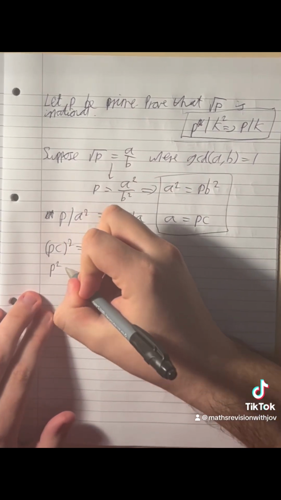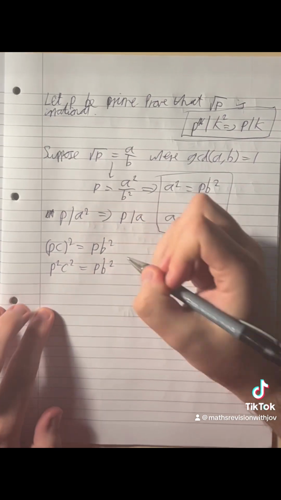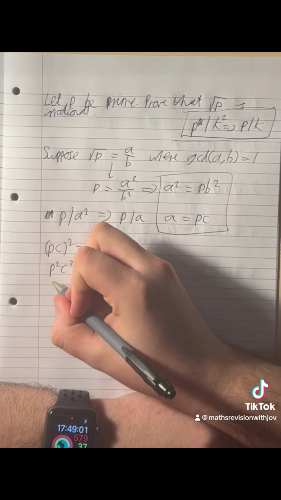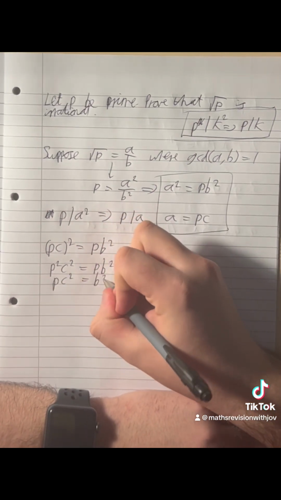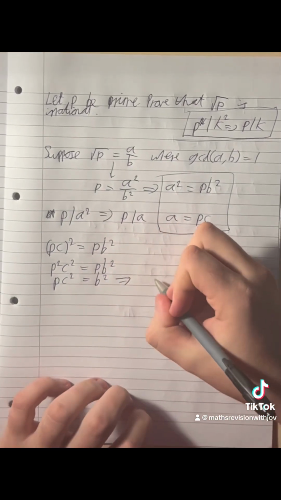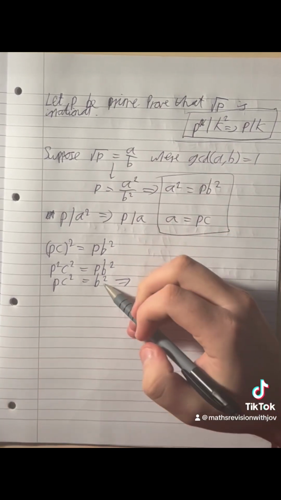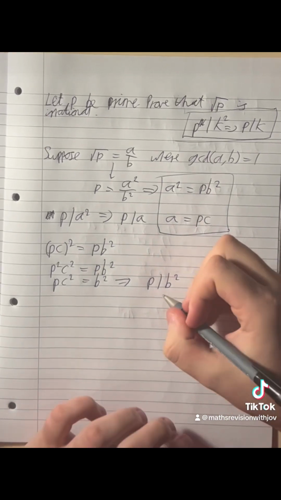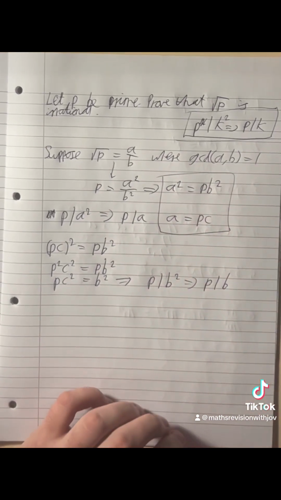So p squared c squared equals pb squared, and since p is not equal to 0 because then it wouldn't be prime, pc squared equals b squared. And what that means is that p is a divisor of b squared, because b squared is a multiple of p over here. And that means that p divides b.